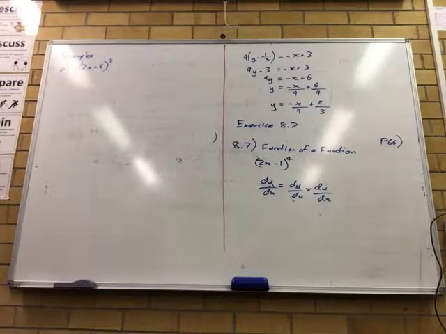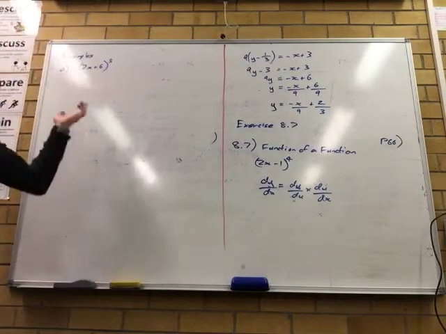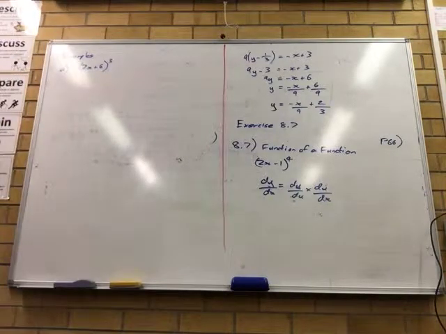There are some extra steps we need to do. One alternate method is to expand the whole thing out. We could do that, but it will take a bit of time, so we're going to look at this chain rule application.